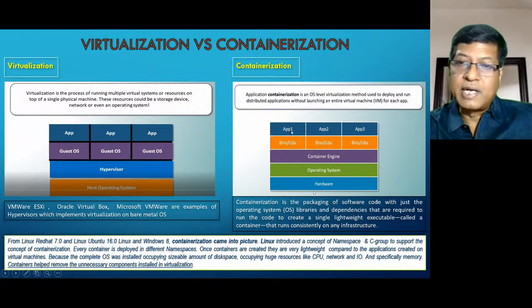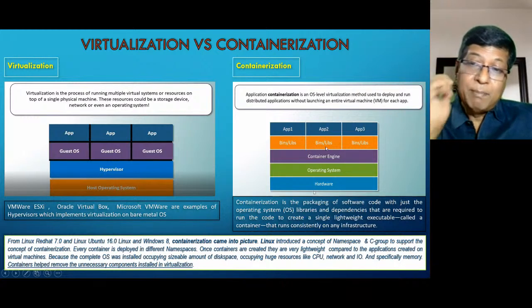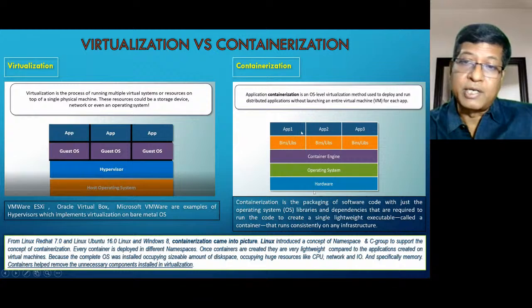So this container will not clash with the container over here. They are residing in the same machine, but they do not have any resource contention because that is being managed with the C group and the namespace available with the containerization of the Linux operating system.